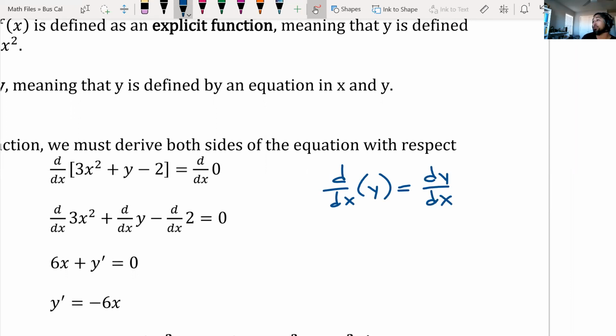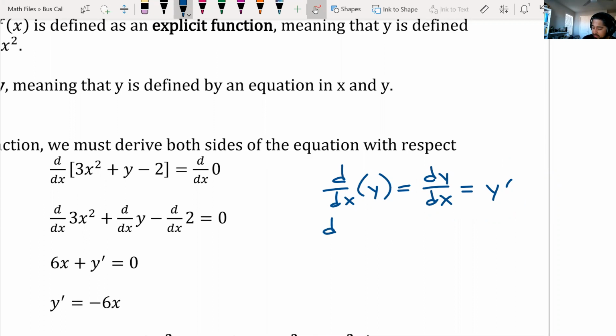But for our lecture, to make the notation simpler, I'm just going to say y prime. So dy over dx is the same as y prime. Whenever you see those notations, don't be confused. They mean the same thing.